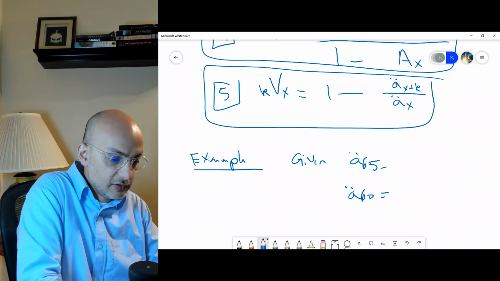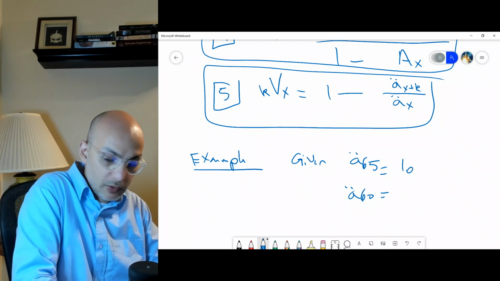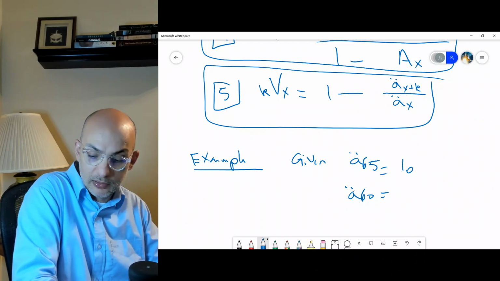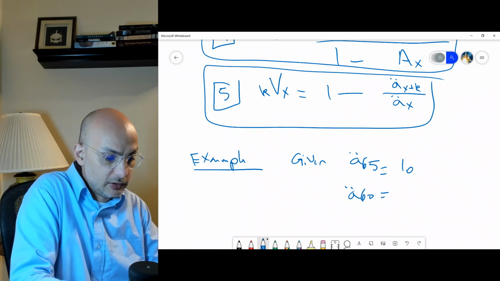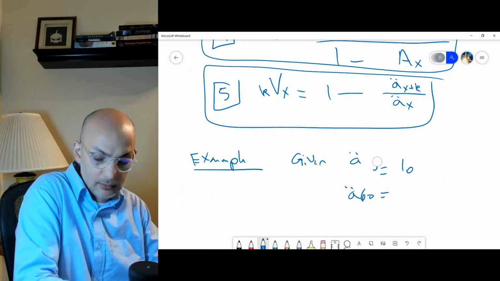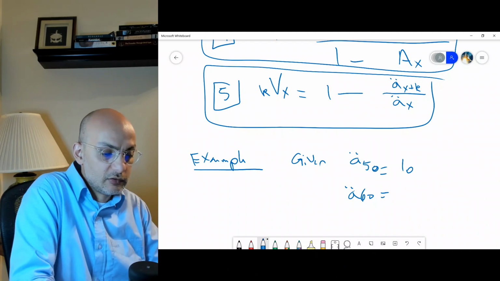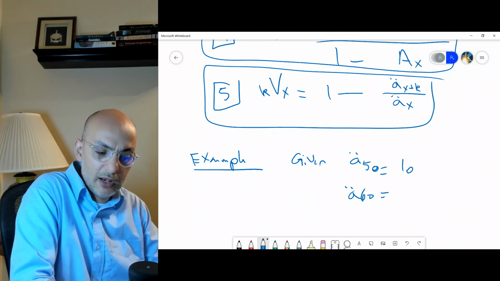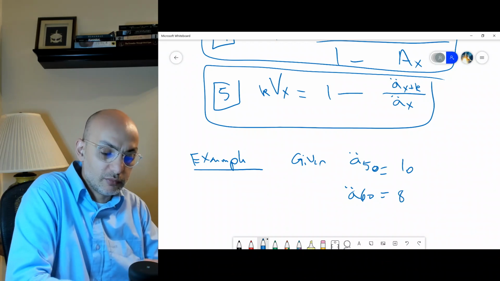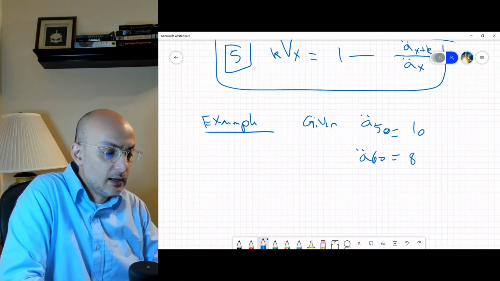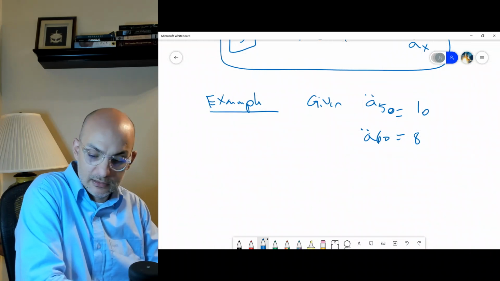Let's make the numbers easy, maybe make it 50 and 60. The younger person's annuity will be higher. Let's make this one 8, and the other 10, and we are asked to find 10V50.